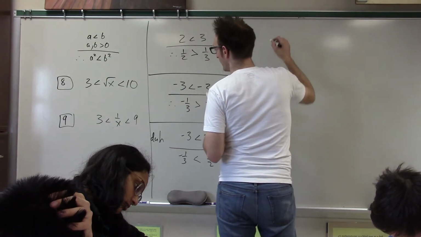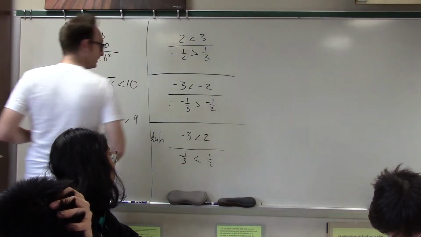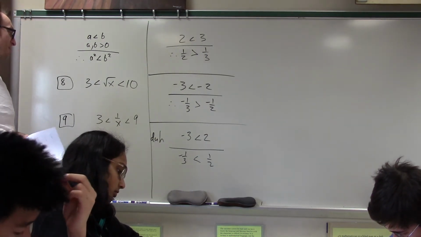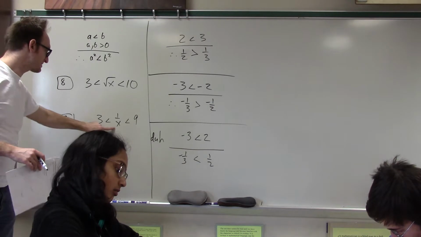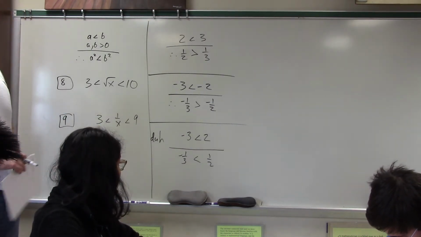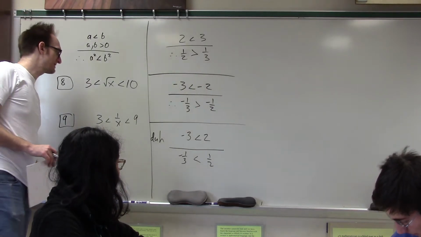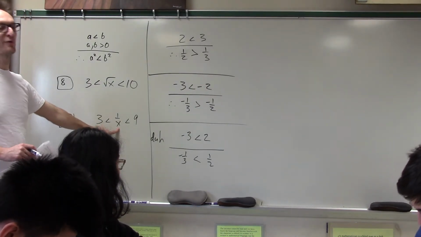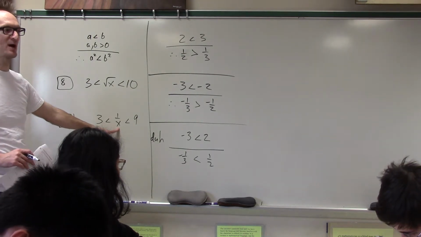So number 9, what do you want to do right away? Multiply by x. See, I don't want to multiply by x. Well, you can split into 2 inequalities. It does work, but I think this is simpler because I know that x is positive in this case. Why do I know that?